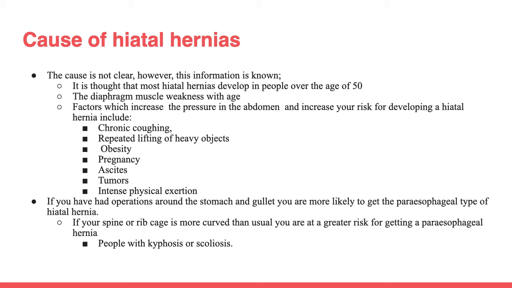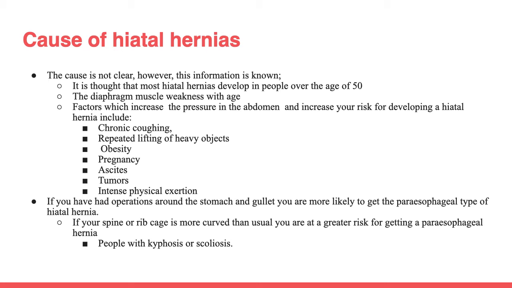So, for causes of hiatal hernias, the cause is not clear. However, there is information that is known about them. It is thought that most hiatal hernias develop in people over the age of 50. So it's just something that comes on with age, tending to happen in people that are older, and the diaphragm muscle weakens with age.